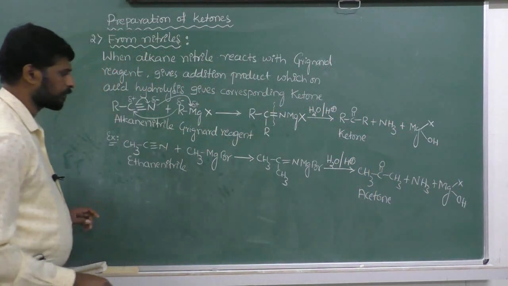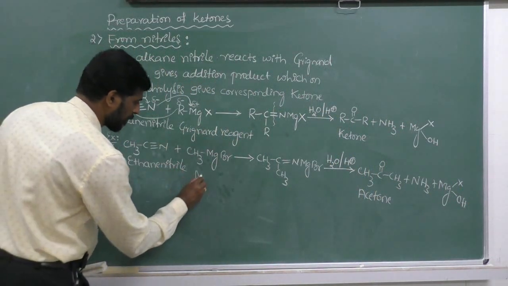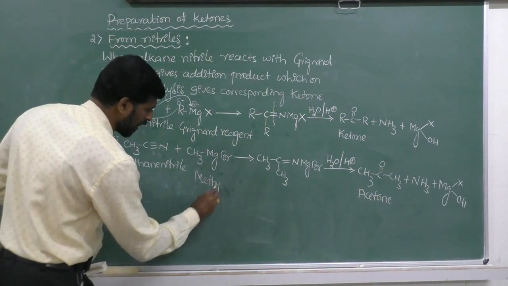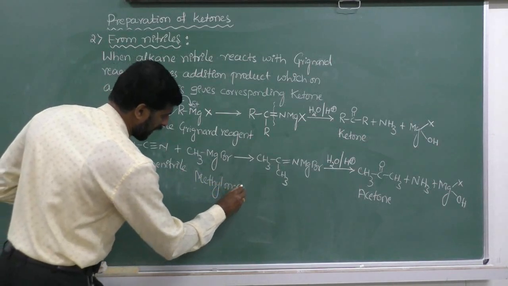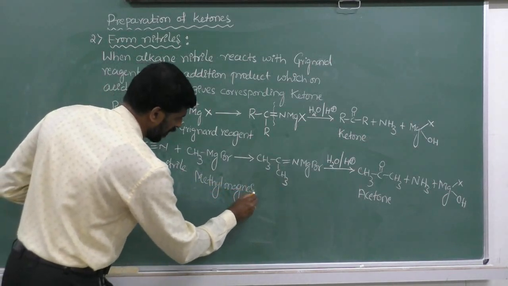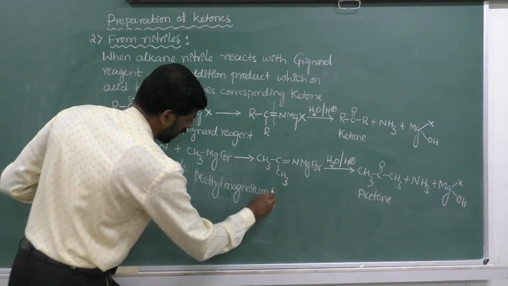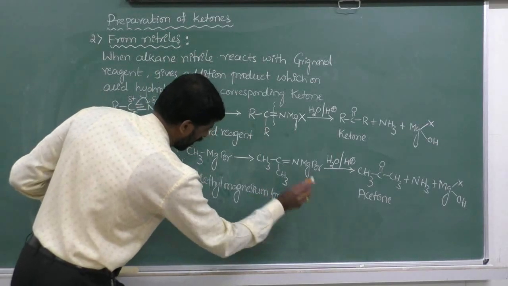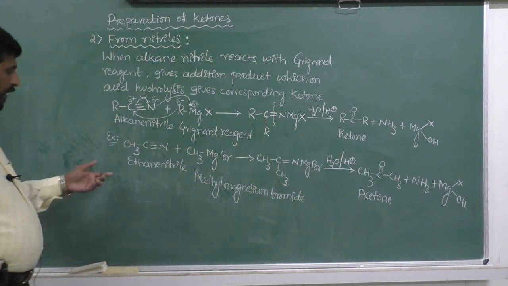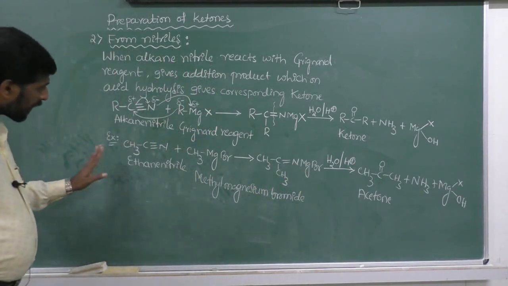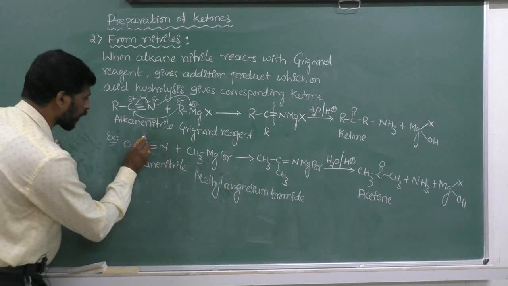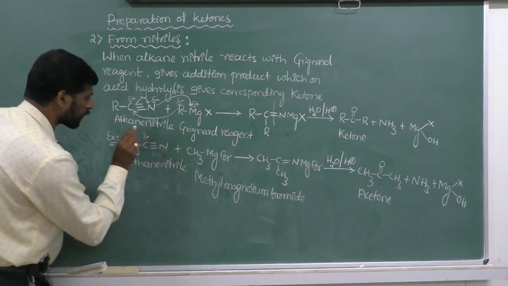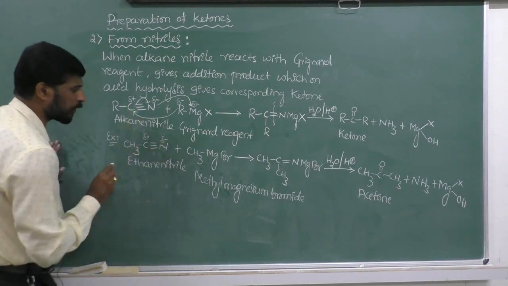Acetone is formed. Okay, so this is methyl magnesium bromide. In this also, this is having partial negative charge, partial positive charge.